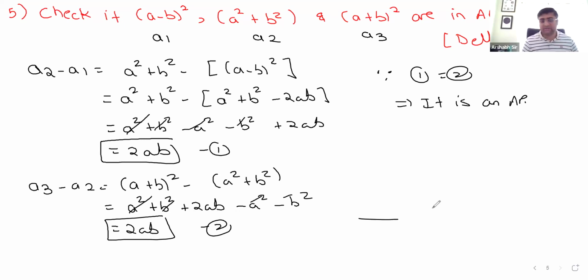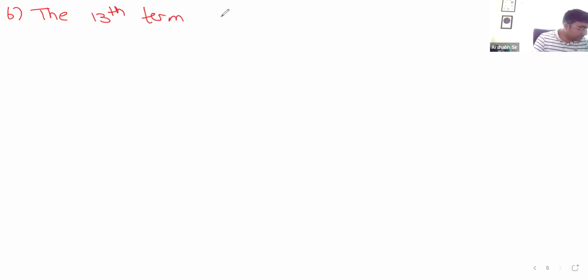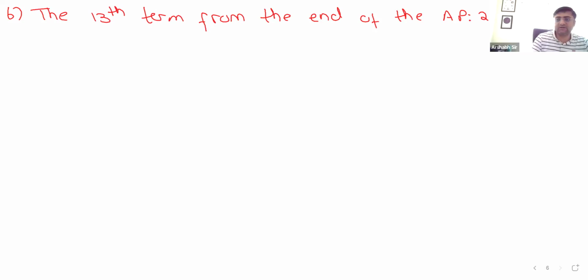चलो. Now look at the next question. तो हम type wise चलेंगे question में, ठीक है? ताकि आपके सारे types cover हो जाए. Look at the next question we have: the 13th term from the end of the AP 20, 13, 6, -1, dot, dot, dot, till -148.